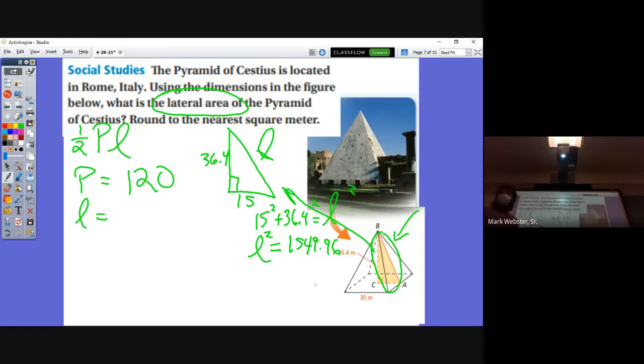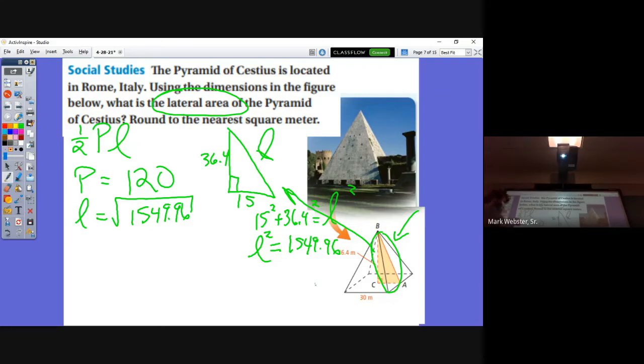That's what we get when we put everything together. I'm not going to square root that. I'm just going to leave it in radical form and let future me deal with it.